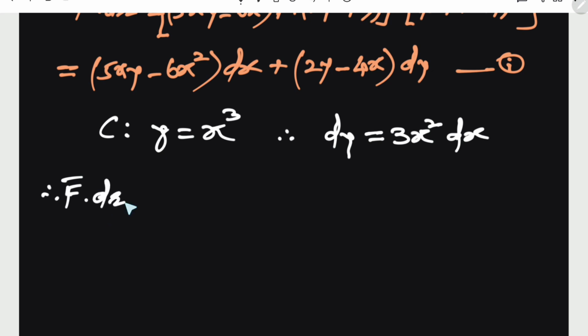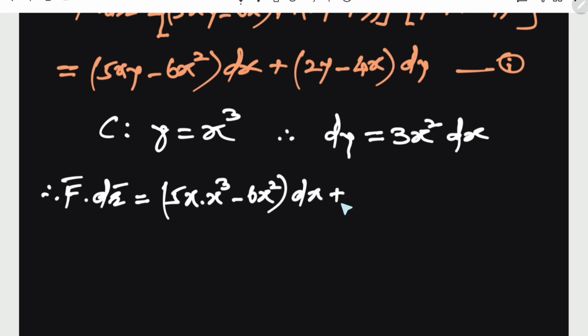Then substituting this in equation 1, replacing y as x cube, we get 5 into x into x cube, which becomes 5x raised to 4, minus 6x square as it is, into dx.